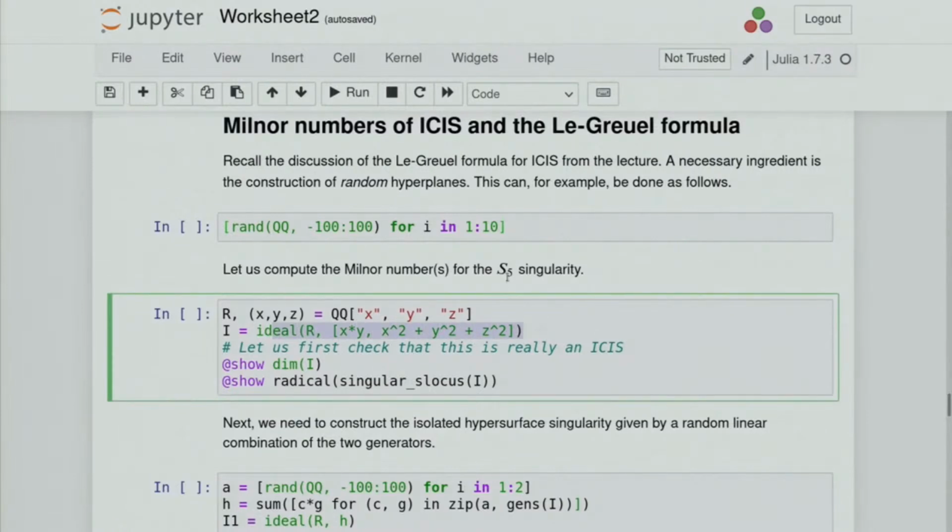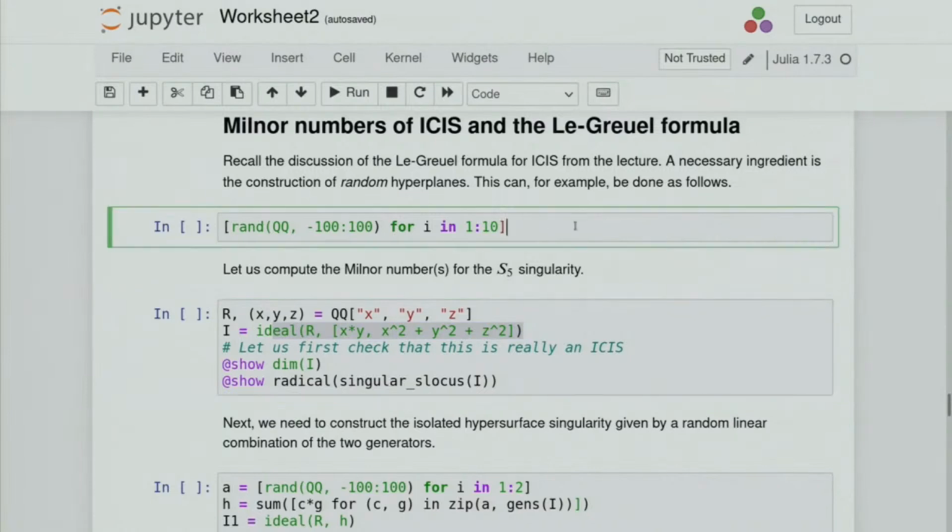And as was explained by Anne, we need to choose random ICEs that contain the original one as the final step, or as was remarked by Terry, we need to do random vector generation in OSCAR. And I brought you one example here.